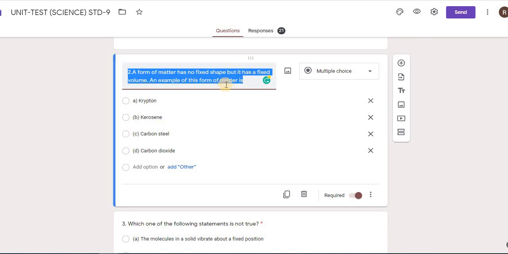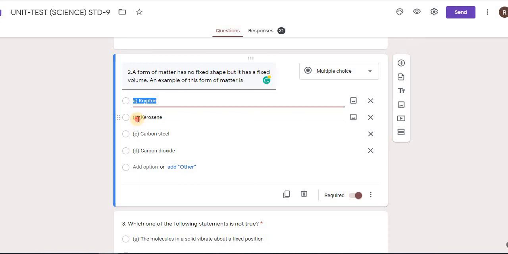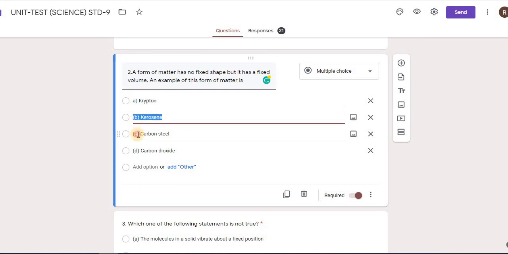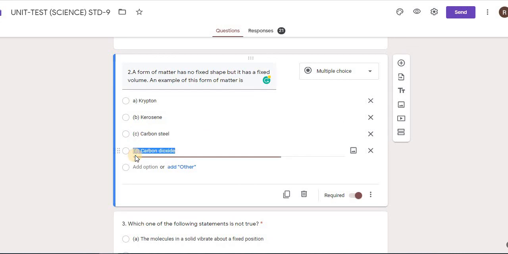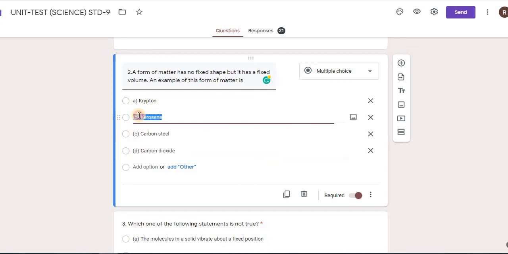An example of this form of matter is, so first of all we know that a matter which has no fixed shape but has a fixed volume must be a liquid. So from the following options, first of all you have to look for the liquid. Option A is krypton, B is kerosene, C is carbon steel, and D is carbon dioxide. So the answer is kerosene, because kerosene is a liquid, and liquid matter has no fixed shape but it has a fixed volume.